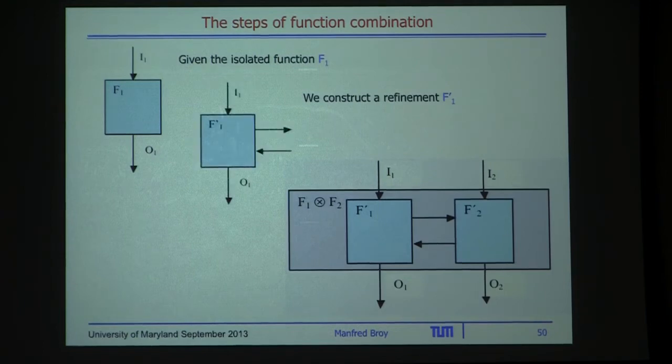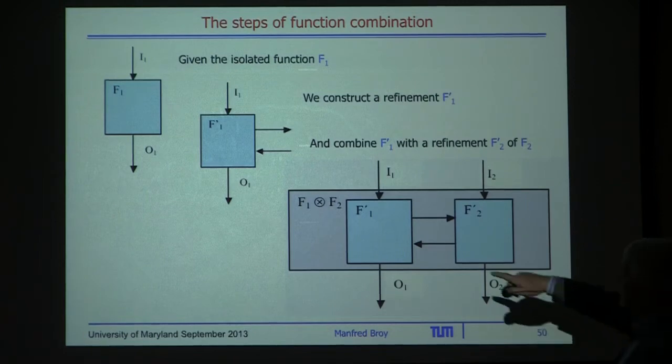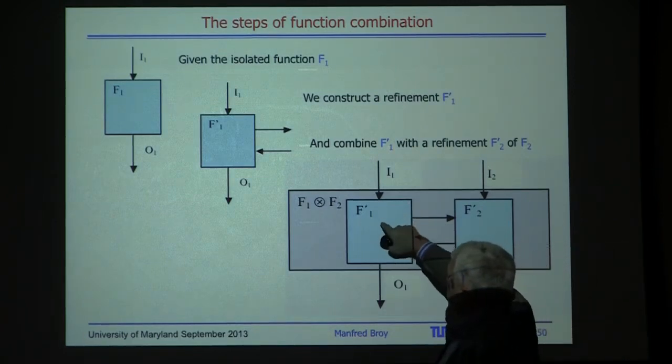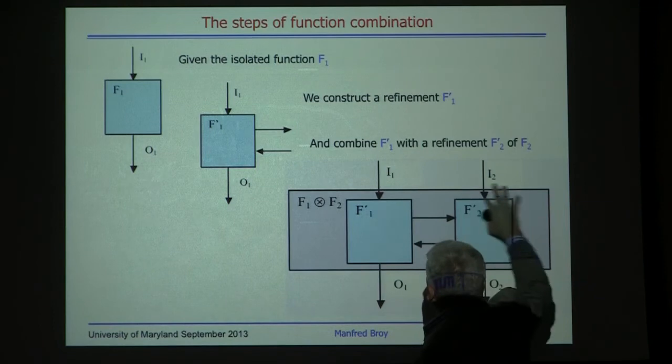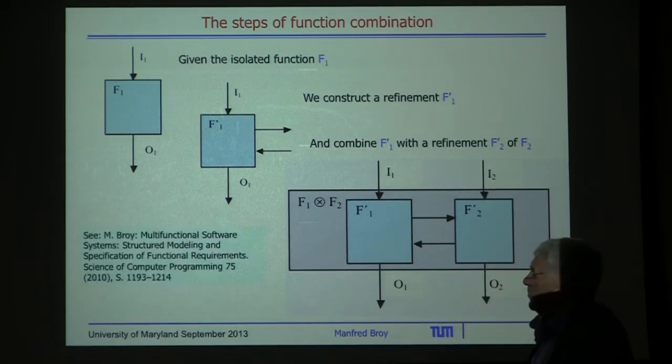We take a function, we do a kind of refinement, where we allow these additional interactions, and we put them together in the way it is shown here. So we combine in a kind of refinement, and we have a very clear relationship between a function as part of a larger system that way.